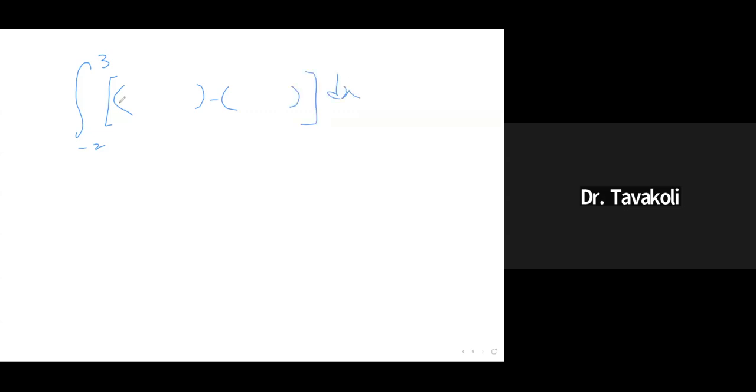What was the bigger function? Minus x squared plus x plus 8. The smaller function is x squared minus x minus 4. So we should do this integral. And we are confident that at the end we get a positive answer. If I get a negative number, it means that we have made a mistake somewhere.